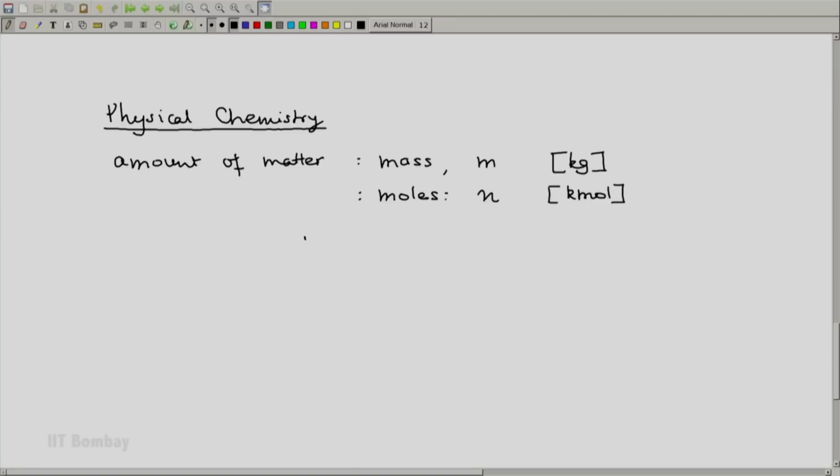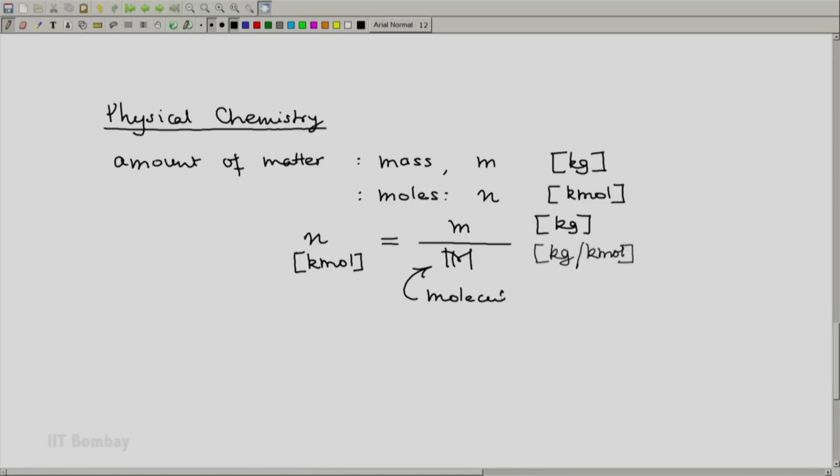And the conversion factor between this is n in kilomole is mass in kilogram divided by the molecular weight, which is kg per kilomole. M here is what is generally known as the molecular weight or molecular mass. The unit is kg per kilomole.